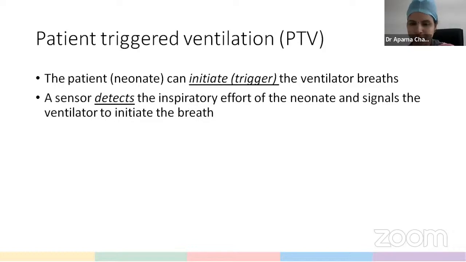So we have different modes of patient-triggered ventilation. I think the video part of the ventilator has improved, and hence I think we will go to the bedside and finish 10 minutes of bedside discussion, and we can discuss patient-triggered modes in detail in the upcoming Friday session. So I'll stop the presentation here.